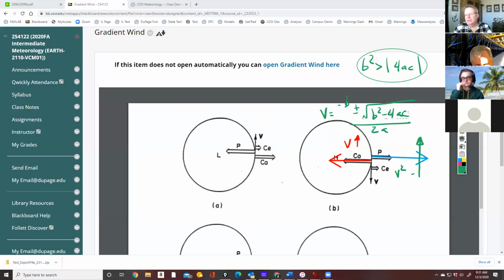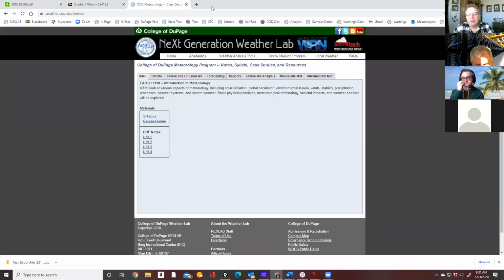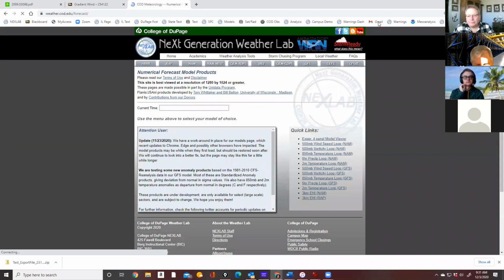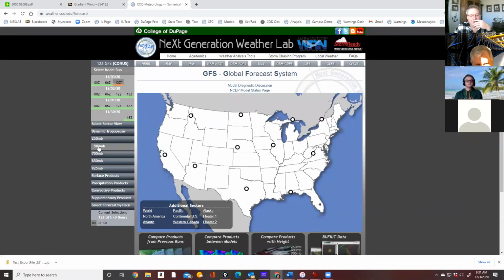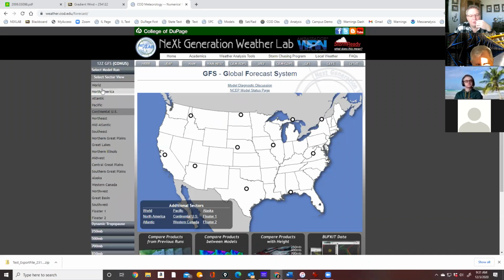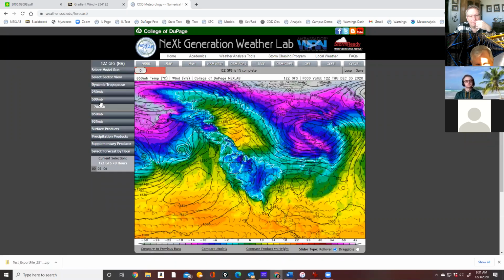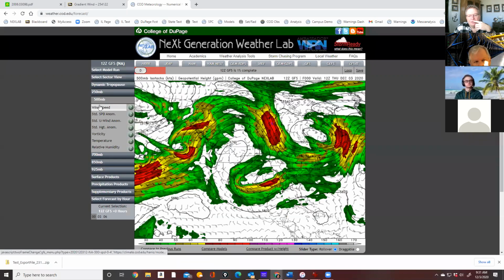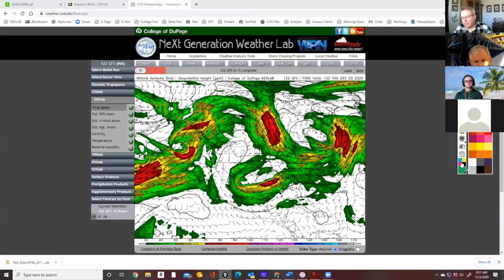So when I look at something like this, models, and I look at the GFS, and let's go to North America, 500 millibars. Notice that in all of the speeds of the winds, what color can I get?